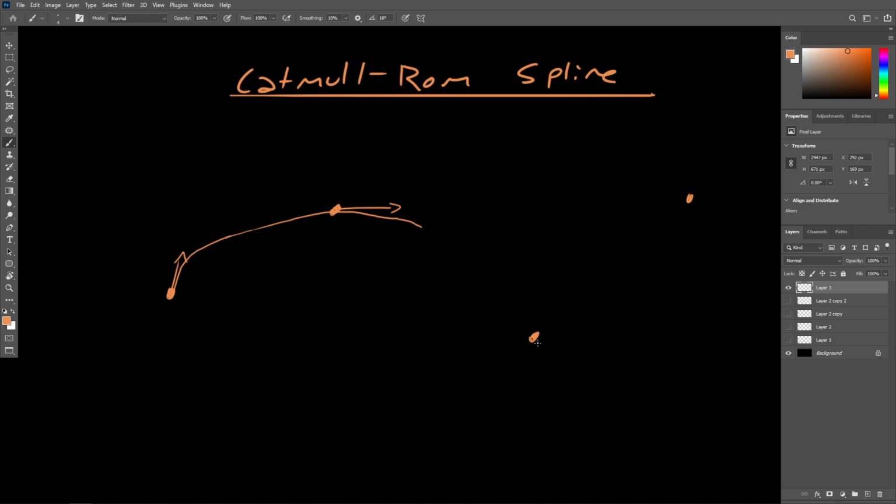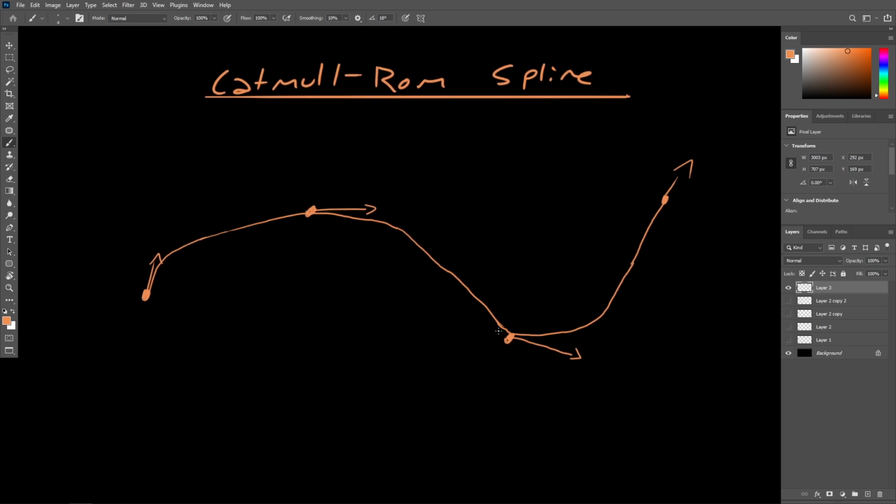Maybe this one down here is going to continue in this direction, which is going to pull out some parts of this curve closer to the point, and maybe this one goes smoothly off into this direction, right? So basically, by controlling these vectors, by moving them in different directions, we can create bends or twists or sharp details in this curve.